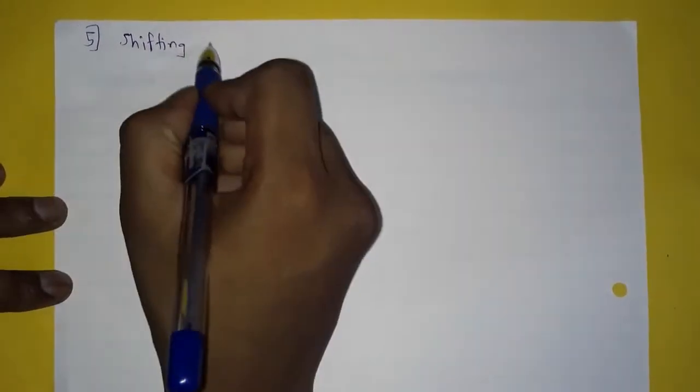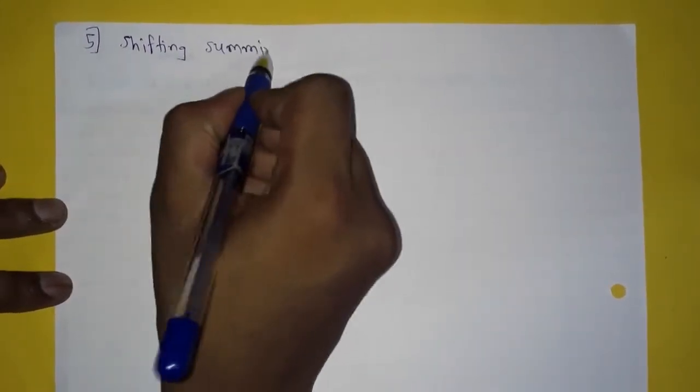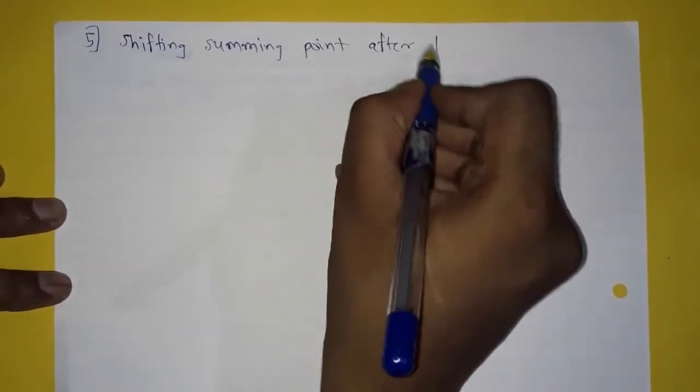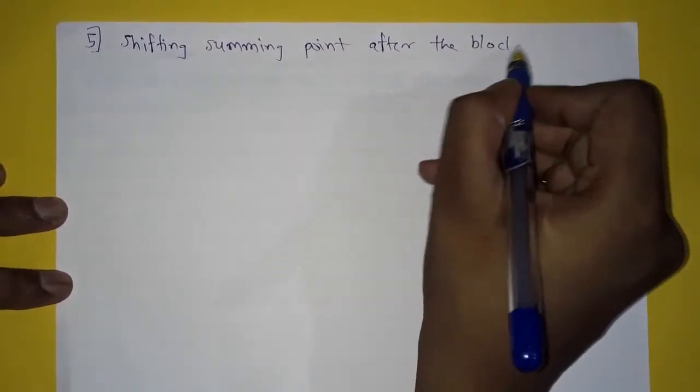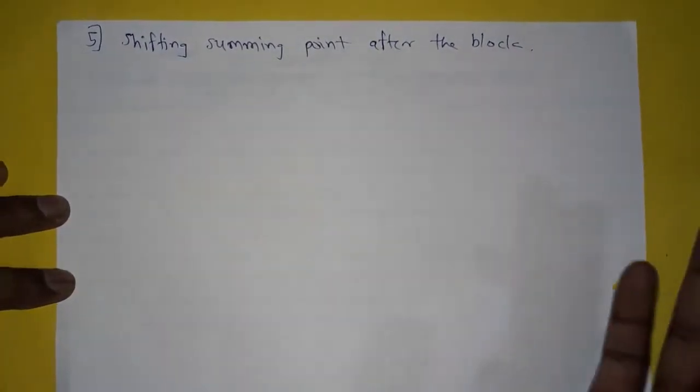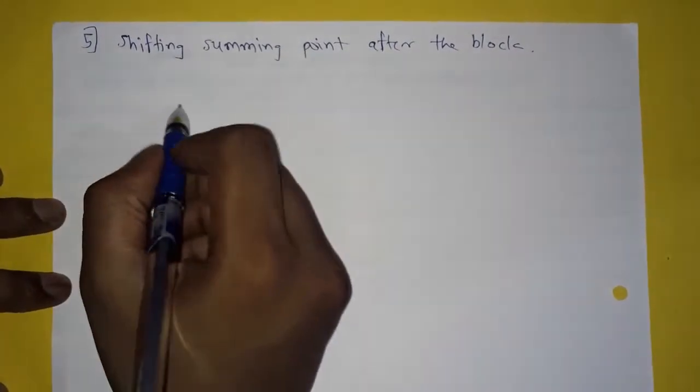Fifth is shifting summing point after the block. In this case, we will shift the summing point after the block. Let's see.